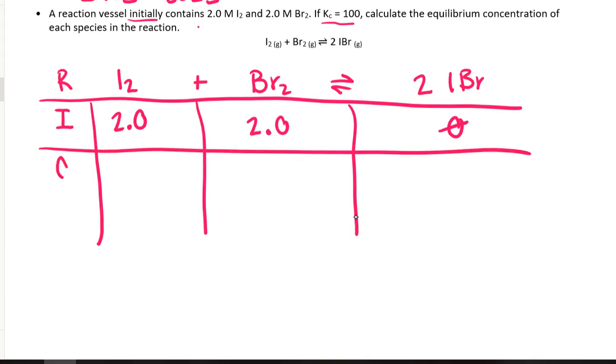Alright, we can figure out the change in concentration from my balanced reaction. So reactants are always going to decrease. Products are always going to increase, and we're going to bring down those coefficients from the balanced reaction.